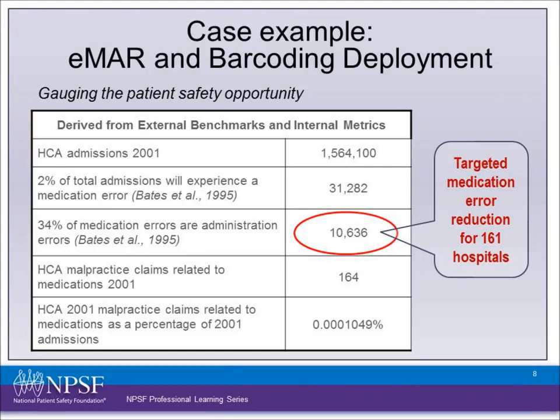The low numbers there were a reason why at the very beginning risk management was not very interested in this project, because it looked to be such a low number in their total claims experience. We'll come back to those numbers later as we go through this example.